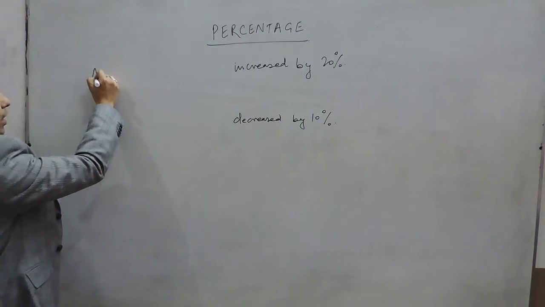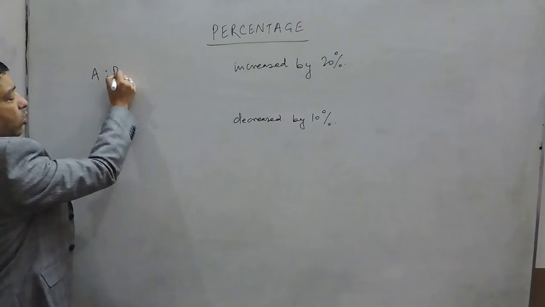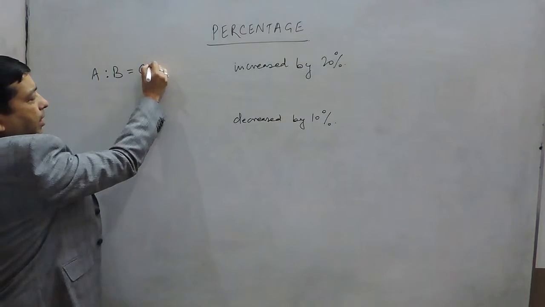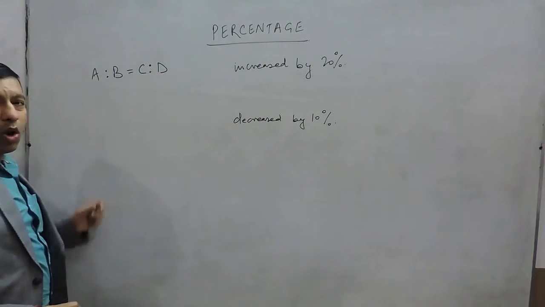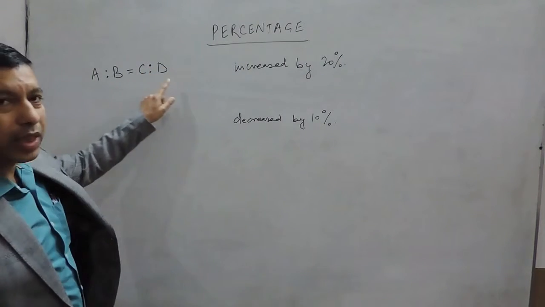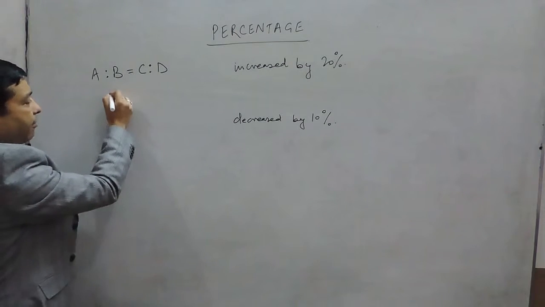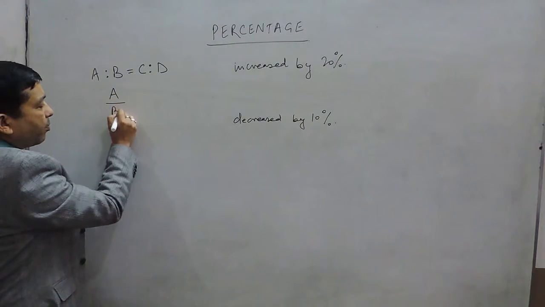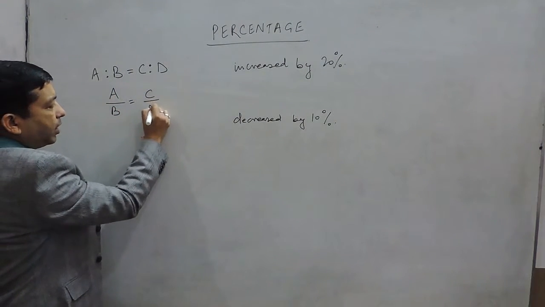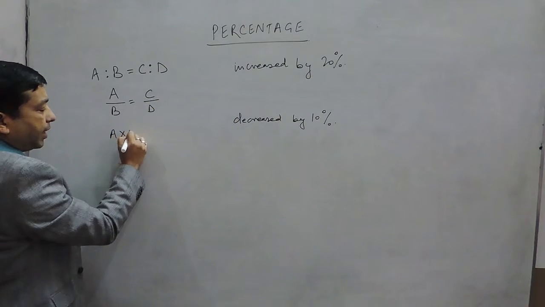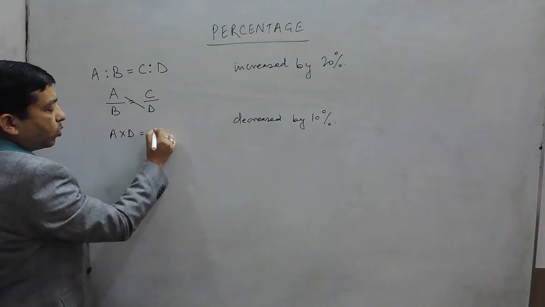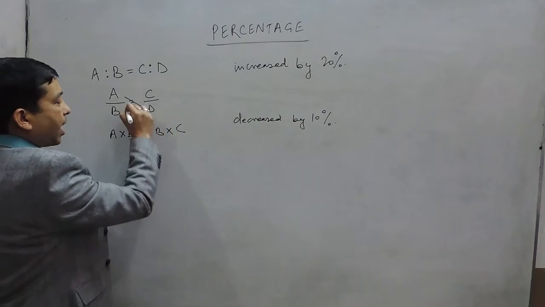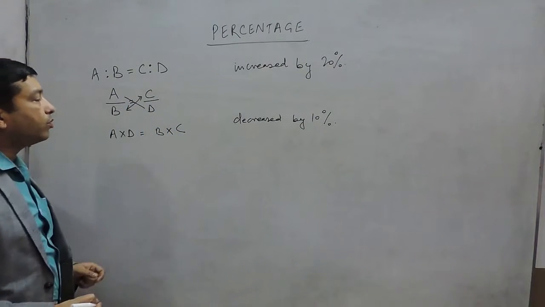Now when we look at the ratios, we know that A upon B is C upon D, or the ratio of A and B is equal to the ratio of C and D. Here we can write A upon B is equal to C upon D, where A multiplied by D is equal to B multiplied by C after cross multiplying the two.